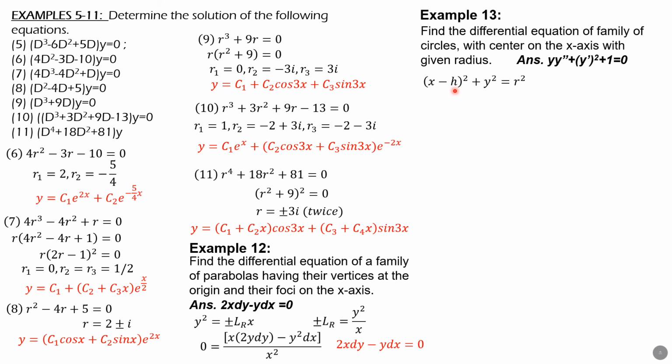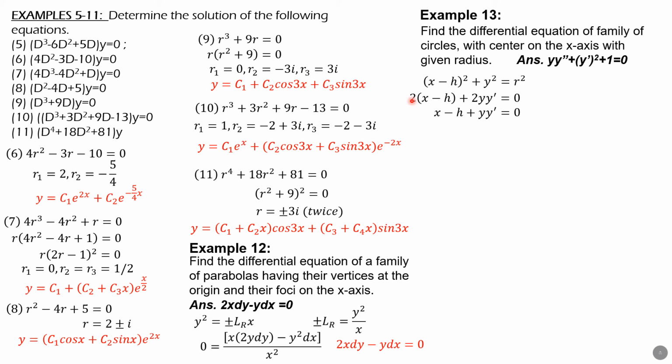So 2 times quantity x minus h raised to 1, so that is still 2 times quantity x minus h, then plus 2 times y prime equals 0. So 2 is common. We can divide everything by 2 and simplify that to x minus h plus y prime equals 0.